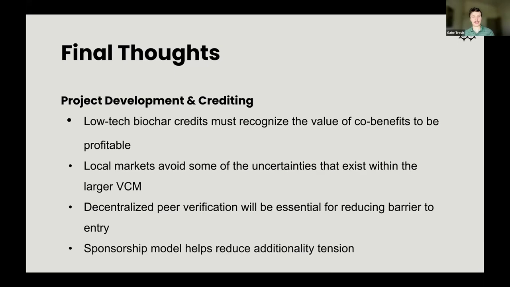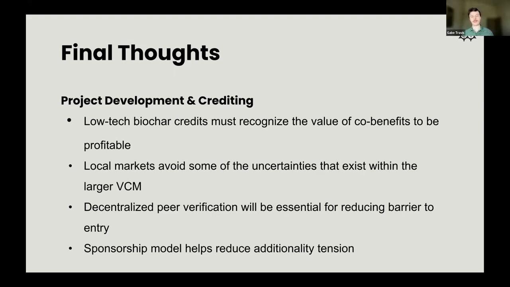And lastly, one other area we've been looking at is a sponsorship model where organizations could pay to help with project activities, and then we could send credits their way as they're generated. So rather than an organization paying for a certain number of credits, they could just sponsor a project, and the credits that are produced could be sent their way.